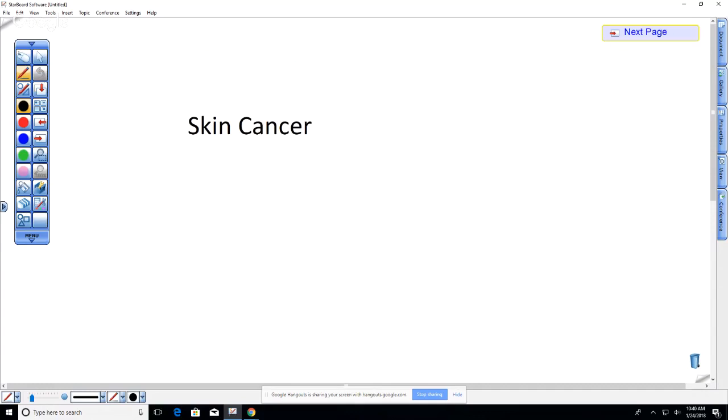So let's talk about some examples of skin cancer. When we look at skin cancer, we can talk about it based upon what types of cells are involved. So we have basal cell carcinoma. This would be the cells that are in the basal layer of the epidermis, right?